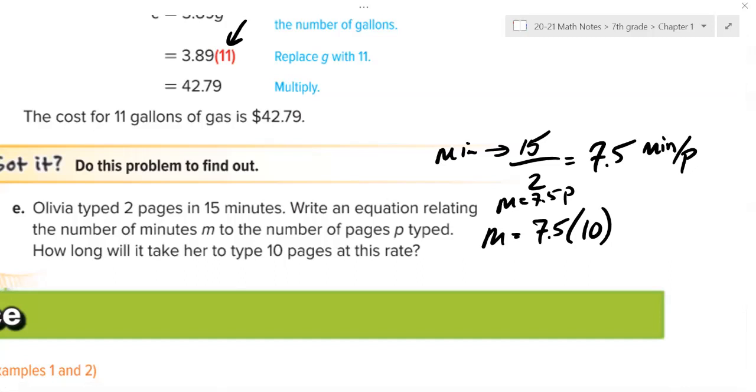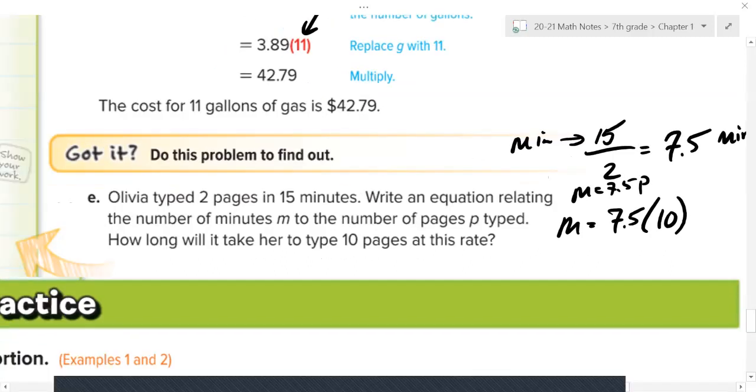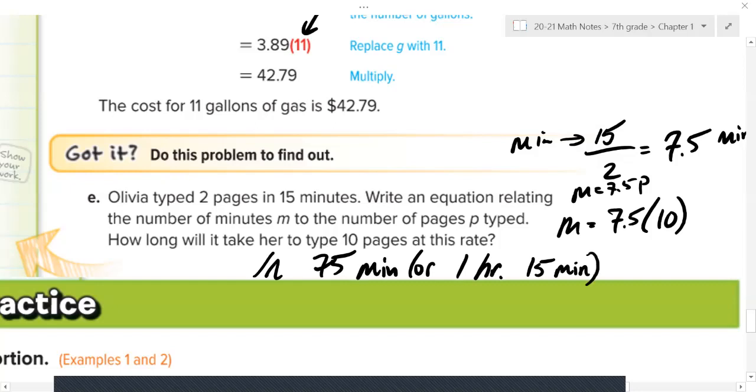So 7.5 times P. So that means that in 75 minutes, or 1 hour, 15 minutes, Olivia can type 10 pages.